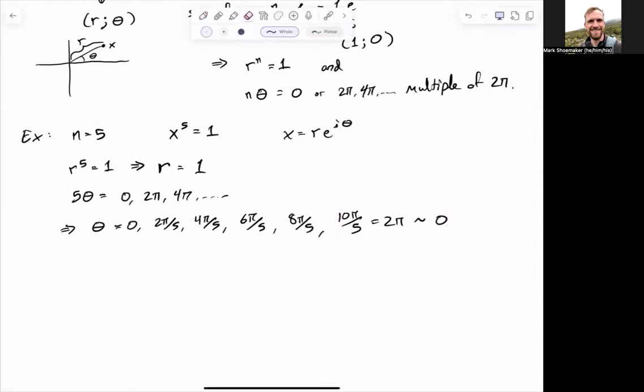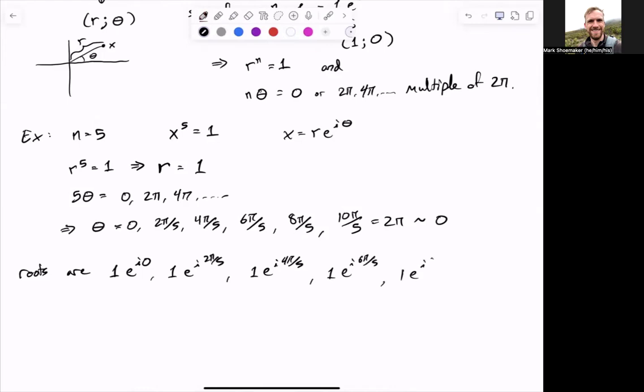And if I keep going, I'm just going to get repeats. And so the roots are exactly 1 times e to the i times 0, 1 e to the i 2 pi over 5, 1 e to the i 4 pi over 5, and similarly with 6 pi over 5 and 8 pi over 5. And so we get 5 roots.